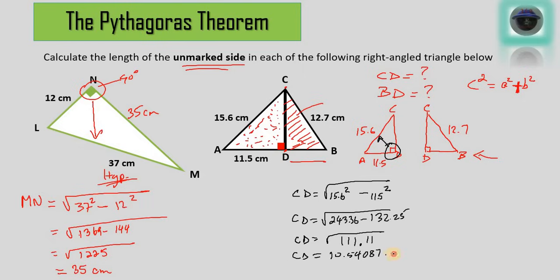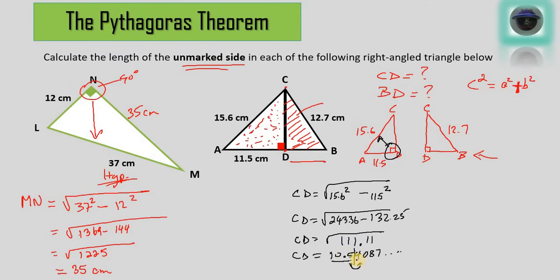10.54087, etc. Let's say we want one decimal place. So we're going to write from 1 right up to the 5, because the 5 is in the first decimal place, the first place after the point. I will check the very next digit, because we want to see if we should add 0.1 to the 0.5.